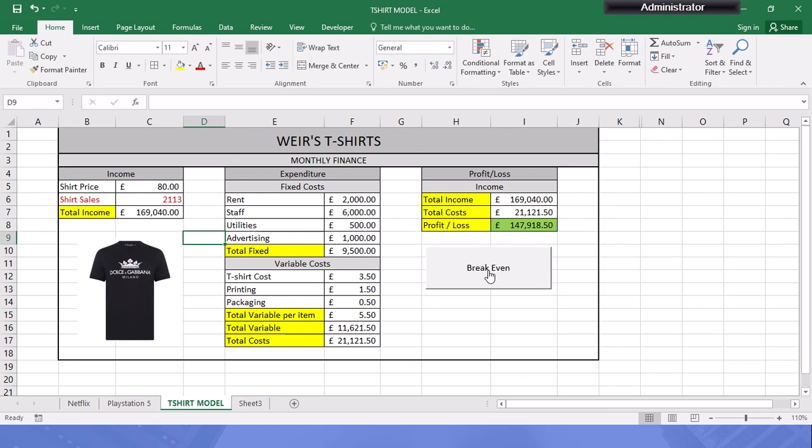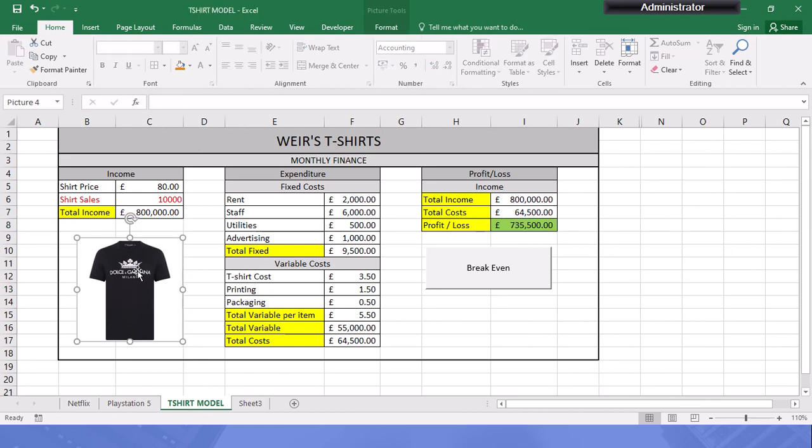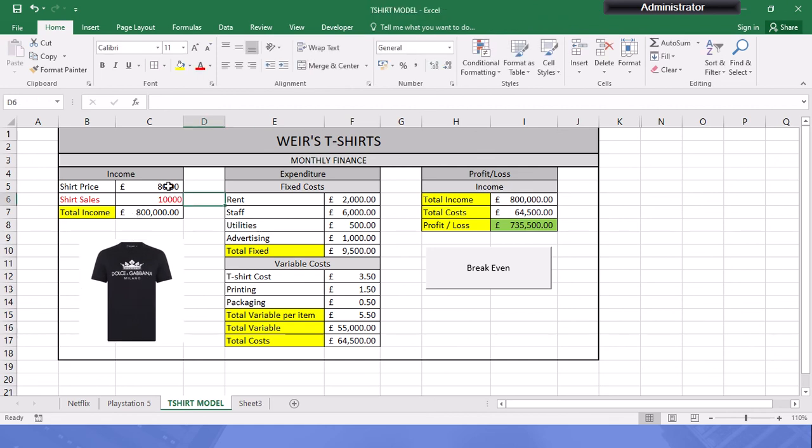Now if I do break even again, we only need to sell 128 t-shirts now and we will make zero. If I sell 10,000 like we projected, then we make a huge profit of £735,000. That's how these businesses are making so much money, because they are selling for quite a high price and it doesn't actually cost them that much to make it.